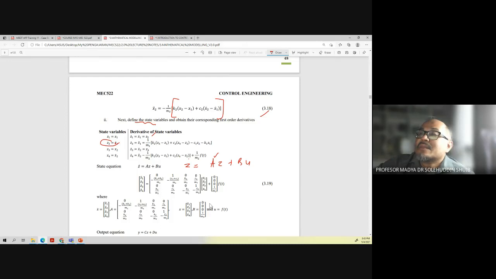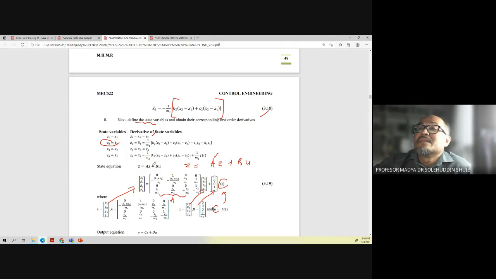Then everything is multiplied by the external force here, 0, 0, 0, 1 over m2. This is z dot, this is A, this is z, and then this is B, and then u(t). So it's a function of B.